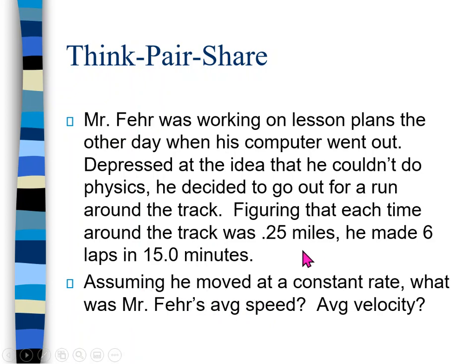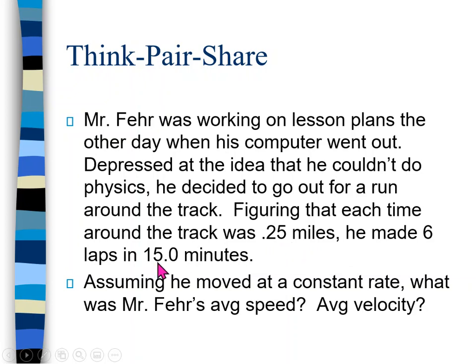So a reminder that displacement is where you start to where you end up. Distance is the total path that you take, right? Keep that in mind. So average speed is going to be distance divided by time. If I did 6 laps, that's 0.25 miles each, so that's going to be 1.5 miles.